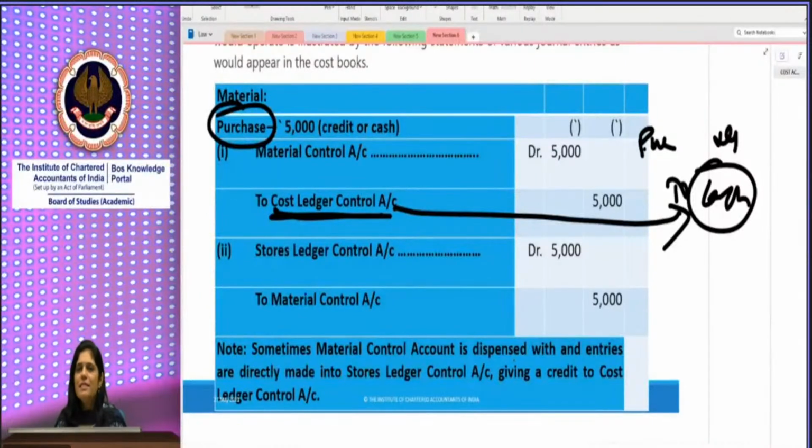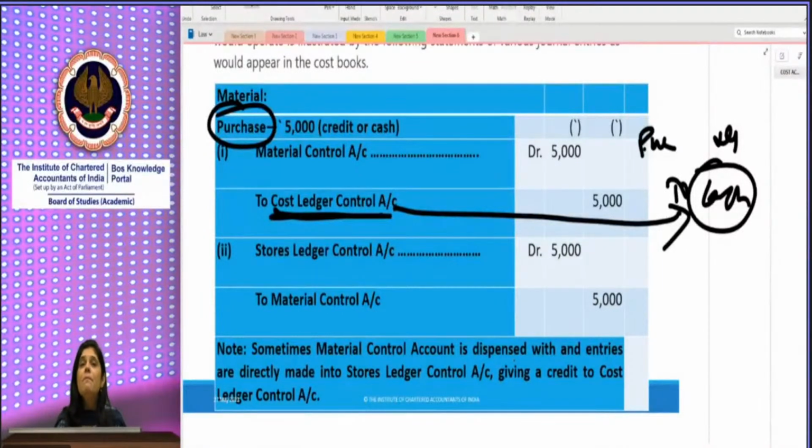Clear? So these are all the financial terms. We cannot use financial terms. In place of that, we use cost ledger control account. I'm repeating: cost ledger control account is only used when you are entering the transaction into the system. For example, when we are purchasing material from outside, we have to use cost ledger control account.